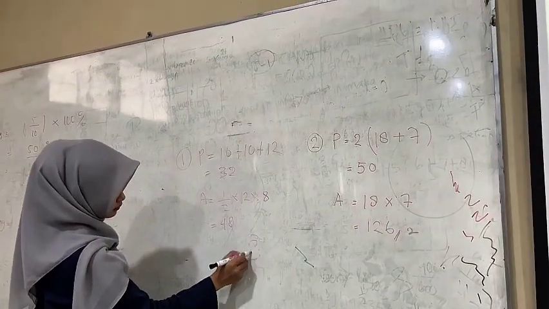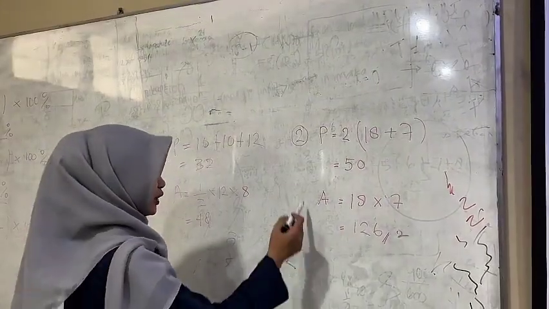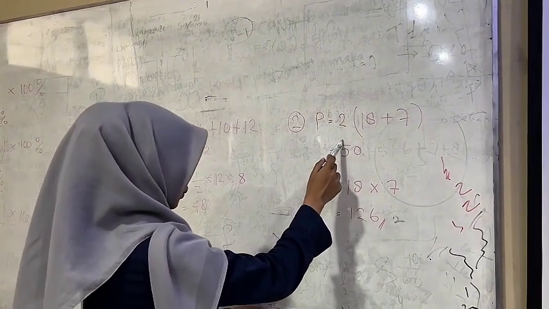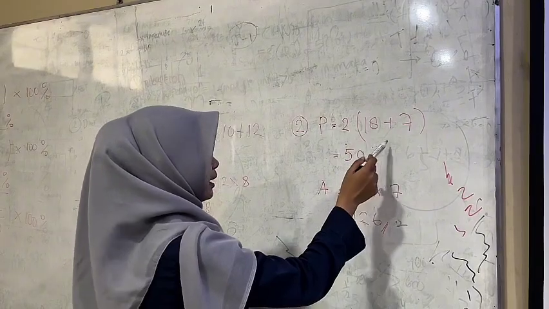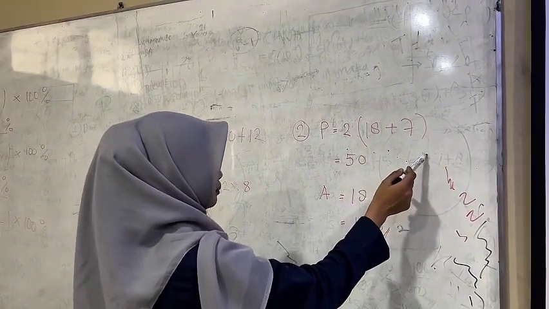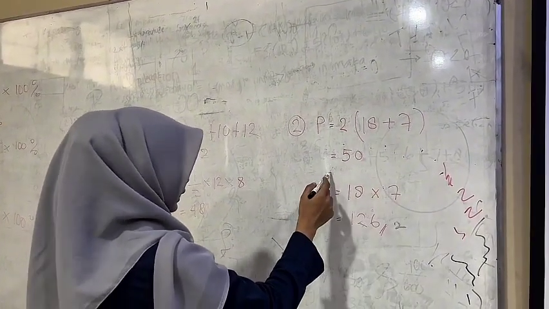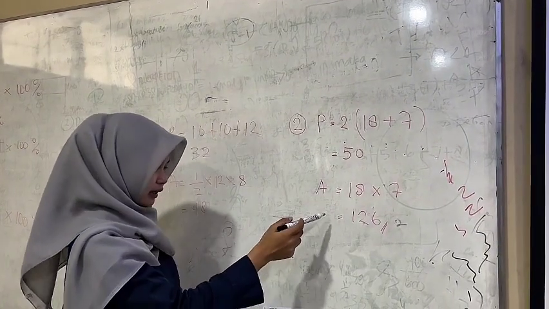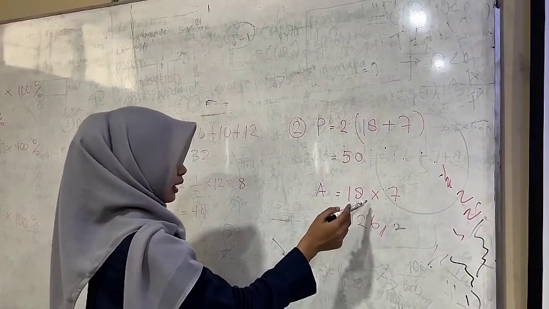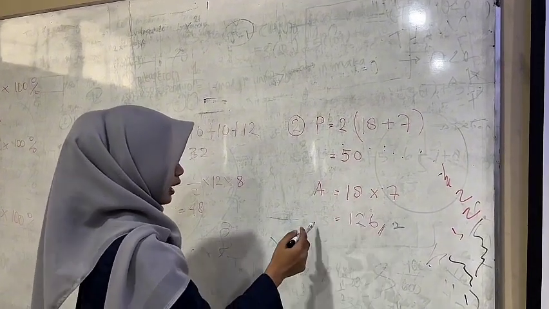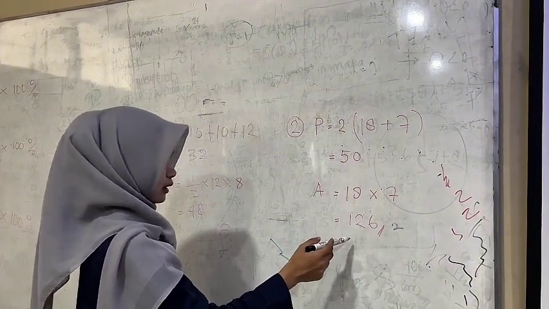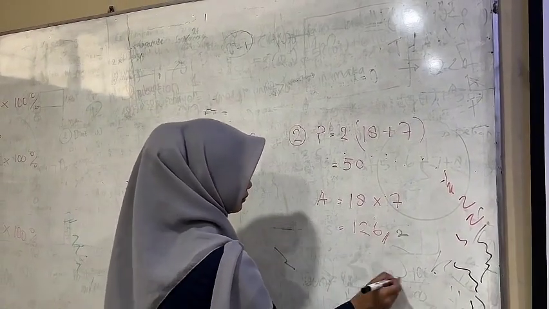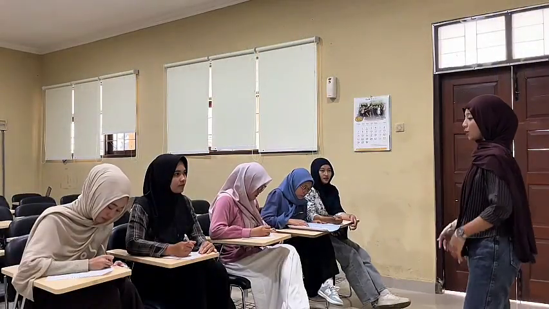Correct. Next, number 2, substitution in the formula, perimeter is 2 times 18 plus 7 in brackets. P is 50. For area, 18 times 7. Area is 126. It's correct.